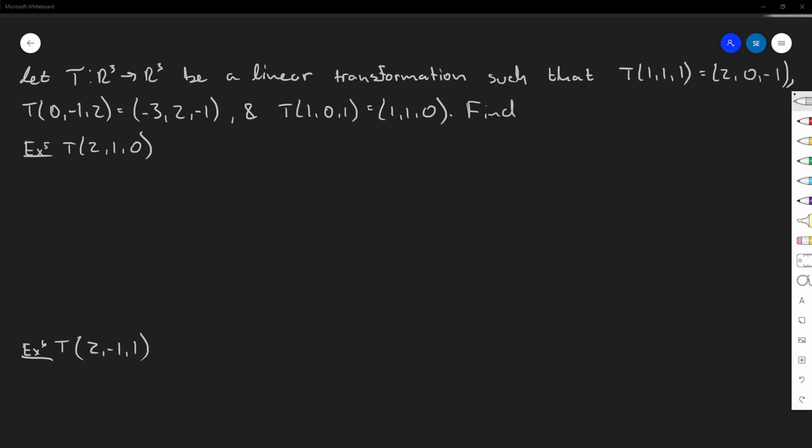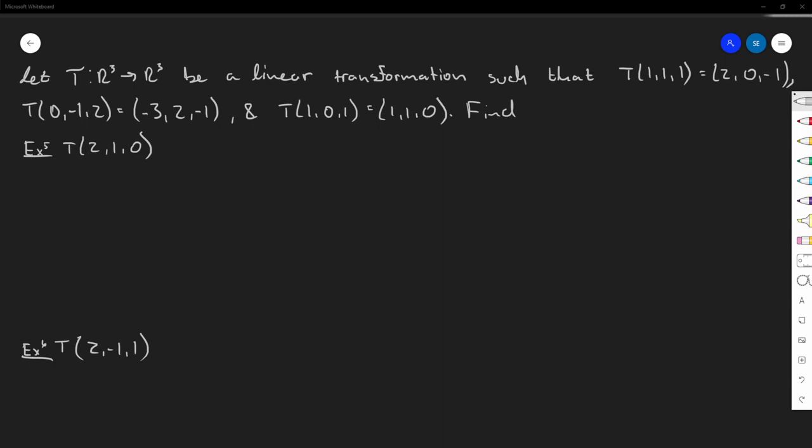So it's pretty much similar questions to the last example. We're going to let the function T go from R3 to R3 and be a linear transformation such that T of (1, 1, 1) is equal to (2, 0, -1), T of (0, -1, 2) is equal to (-3, 2, -1), and then T of (1, 0, 1) is equal to (1, 1, 0).